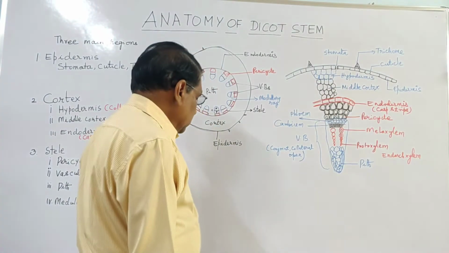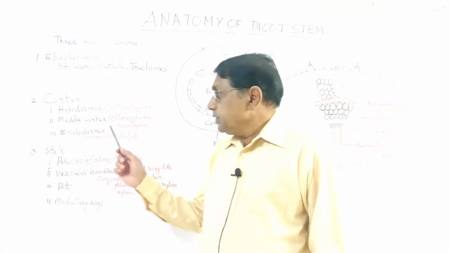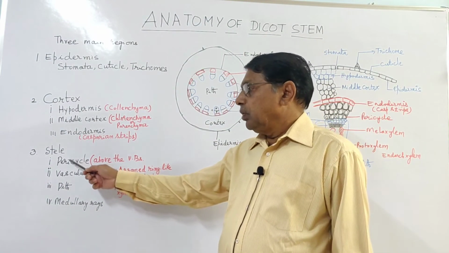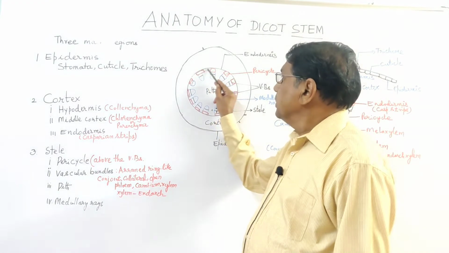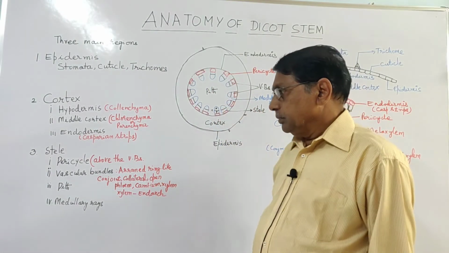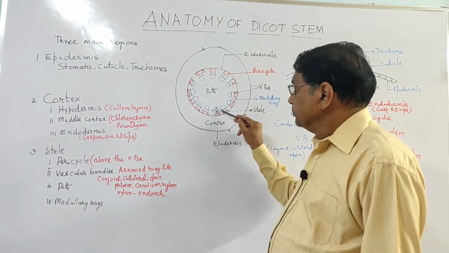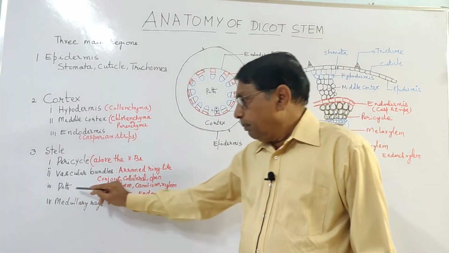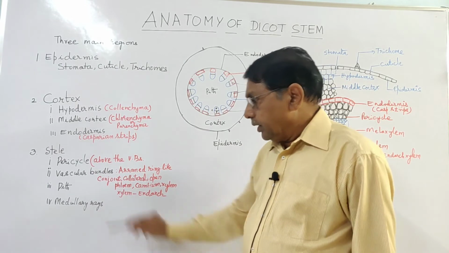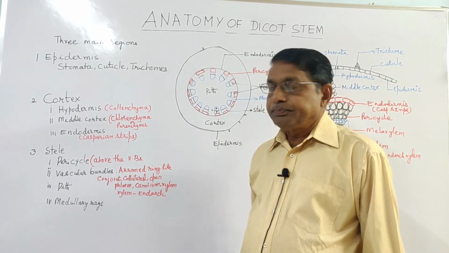The stele consists of the outermost layer, pericycle, red colored. Vascular bundles, these are all vascular bundles. Pith, then medullary rays.